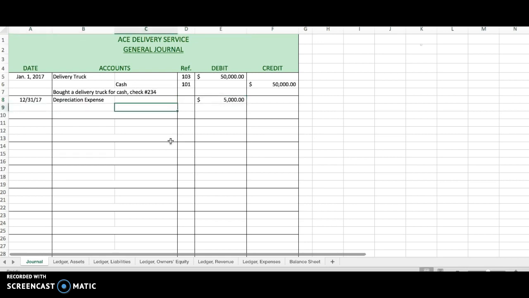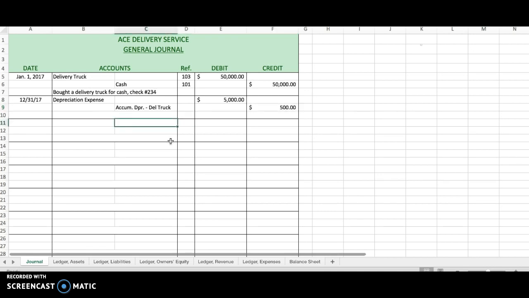and we will credit what we call a contra account that we talked about just a moment ago, called, I'll abbreviate, accumulated depreciation on the delivery truck, okay, $5,000.